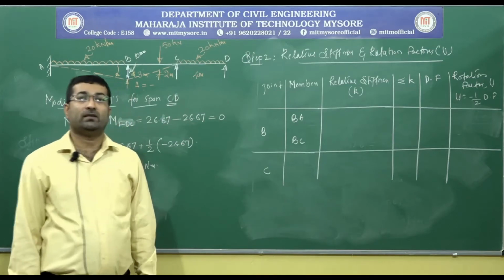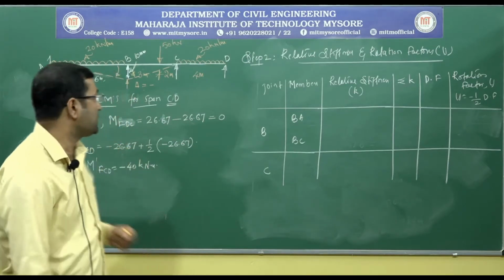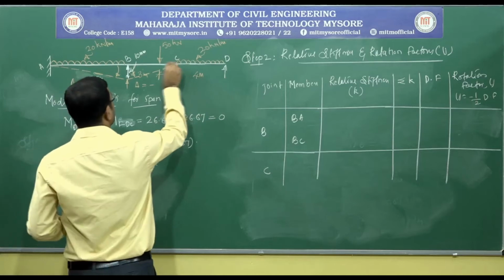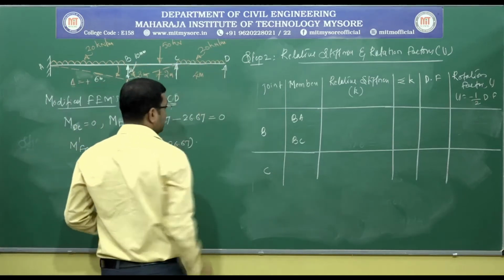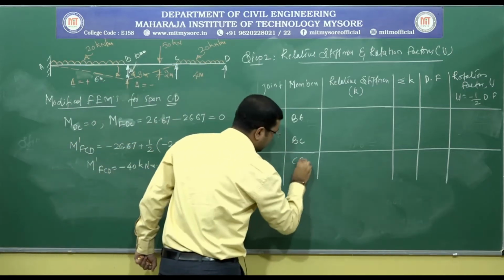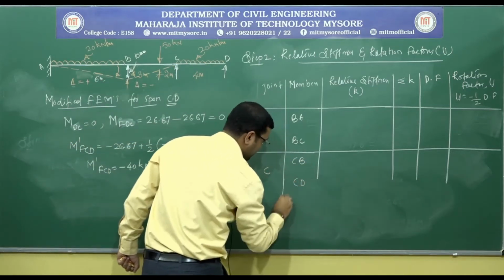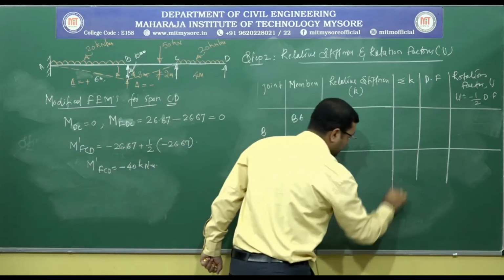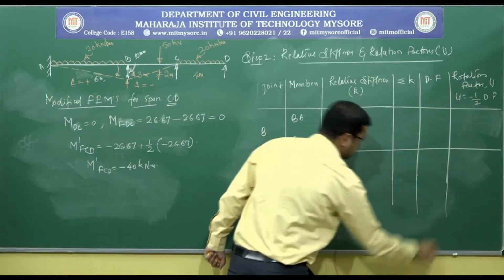Similarly, at joint C, we have two more members, one is CB, another one is CD.